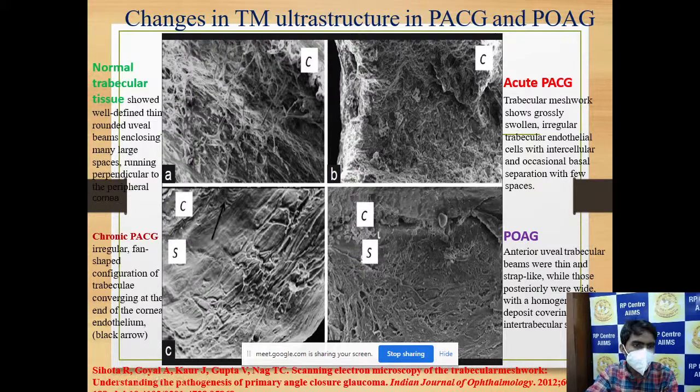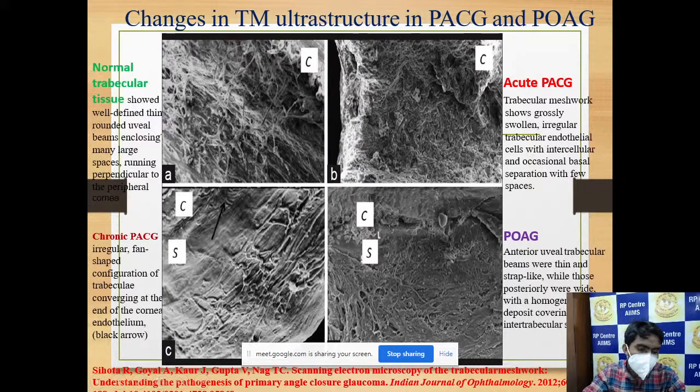The normal trabecular meshwork has well-defined, thin, rounded uveal trabecular beams with larger spaces between them. In acute PACG, these endothelial cells get swollen with decreased spaces, and there is mild suppression between the spaces.